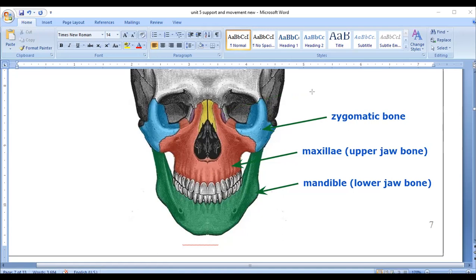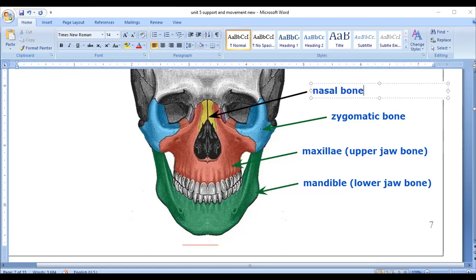The yellow color bone is the nasal bone. Nasal bone. So how many nasal bones are there? Two nasal bones are there. So for the moment, altogether, how many bones have we introduced? Six bones.